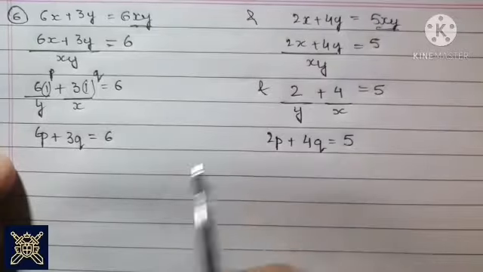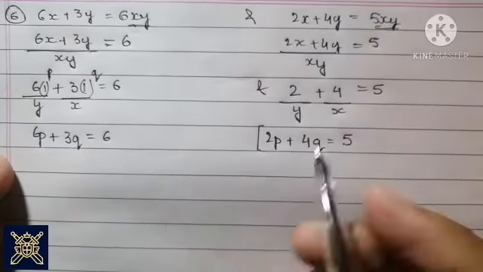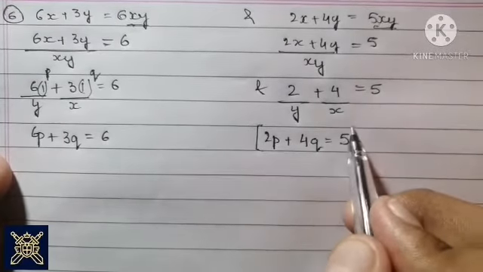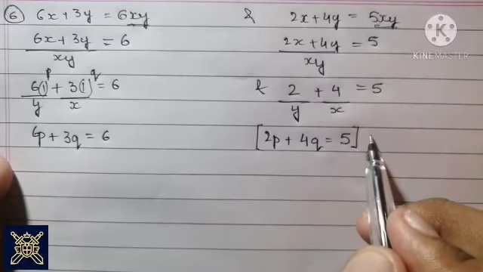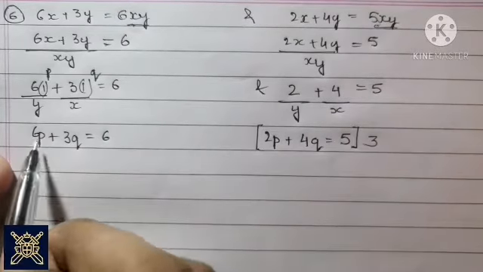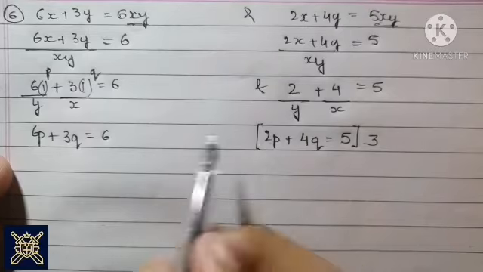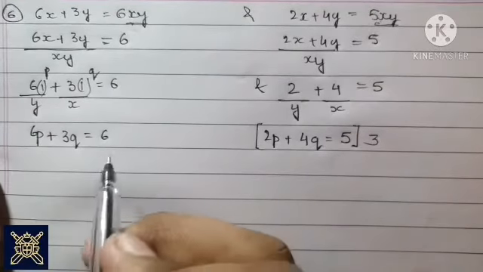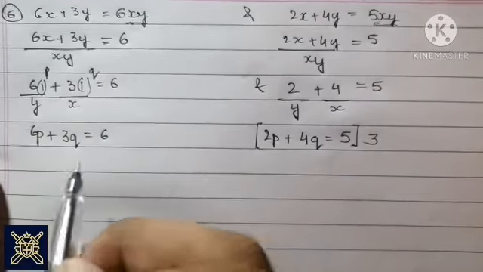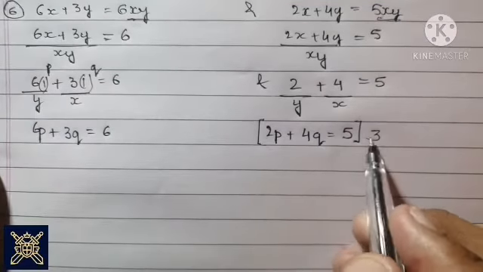As you can see, if I multiply this equation by 3, you can get 6p, since 2 into 3 gives you 6p, and when you subtract, you will get the answer. So I will multiply this by 3.